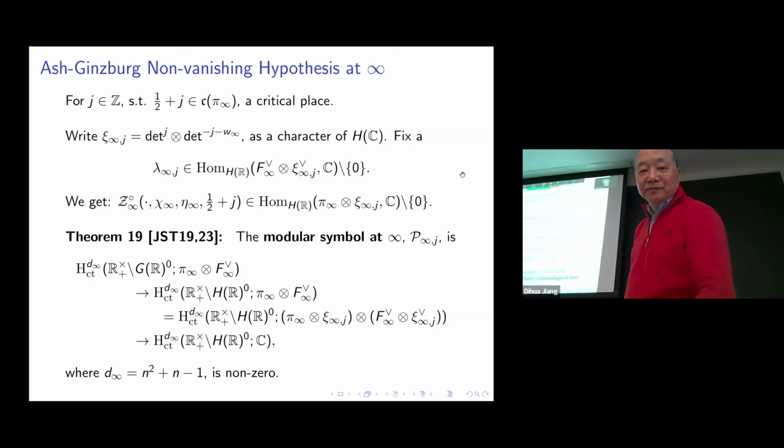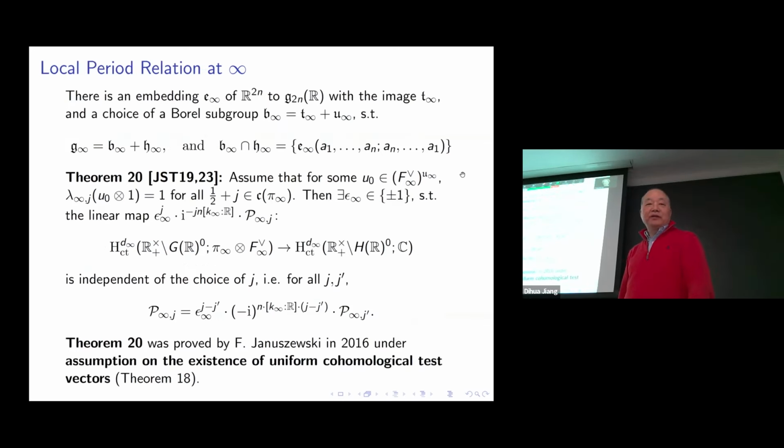That's important. The local period relations, yeah, so the different periods, actually, you have this identity like this. Yeah, so this is the modular symbol. Yeah, this is the relation which is taken as an assumption in the Grobner-Harris work 2016. Yeah, so we get it.